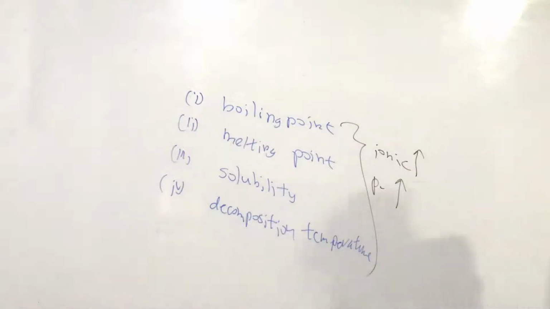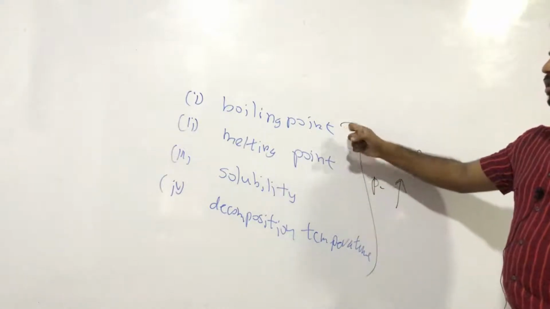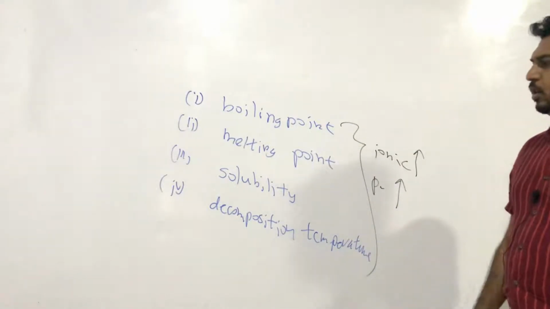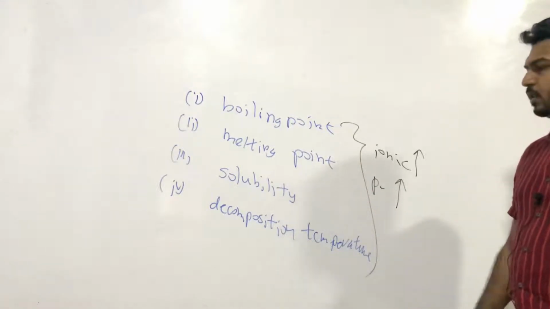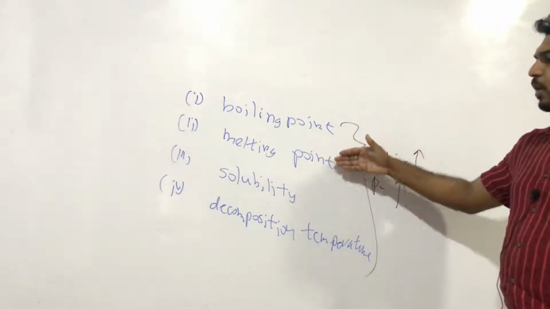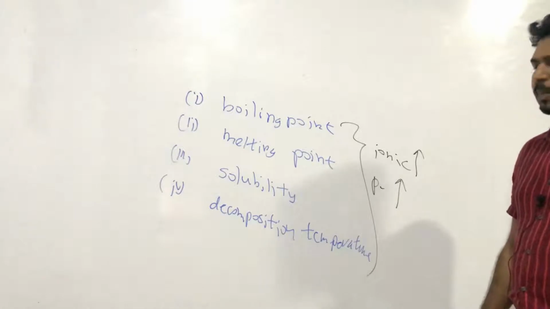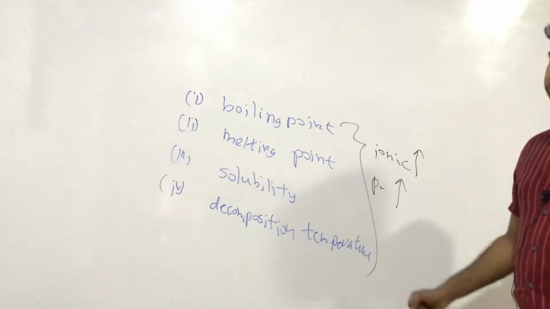When ionic nature of a compound increases, boiling point, melting point, solubility, decomposition temperature increases.